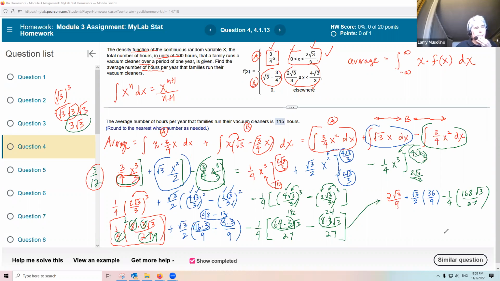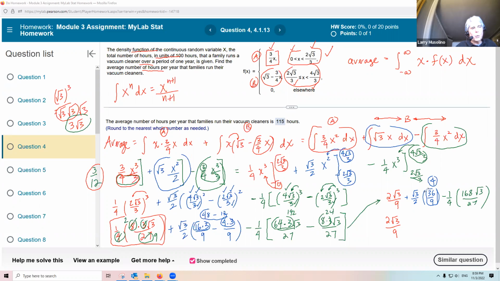All right. I'm going to simplify it one more step. I could go to my calculator now, but let me simplify it one more step because I'm seeing here 36 over 9. This 36 over 9 is 4.